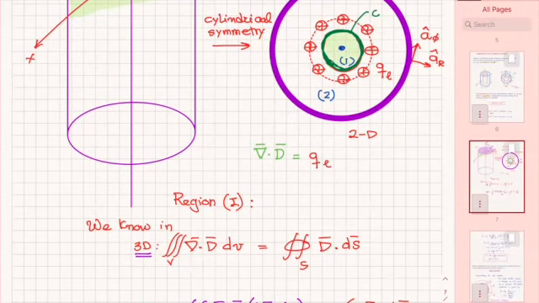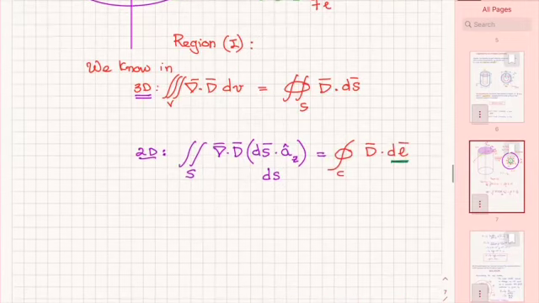No, the charges are outside. We've selected this surface so they don't. So that means this here is going to give 0, and not charge.